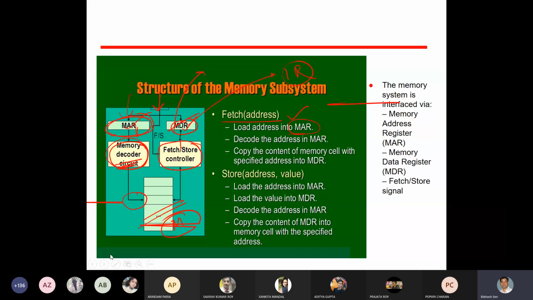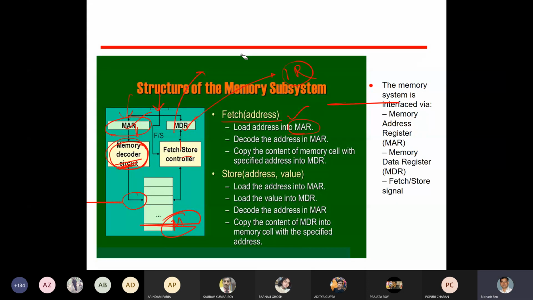Again the location will be decoded, and from the memory data register, that is the fetch and store controller. For storing, it will go in this way. That's why I have given arrows on both sides. Be careful when drawing the arrows in the examination. Students always make mistakes during the examination. I am telling you, just remember this point. See the direction of the arrow, a very important point.